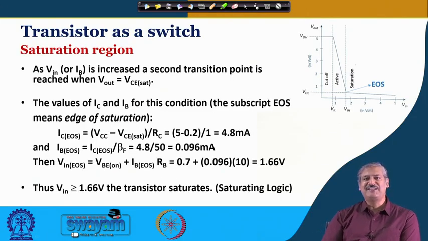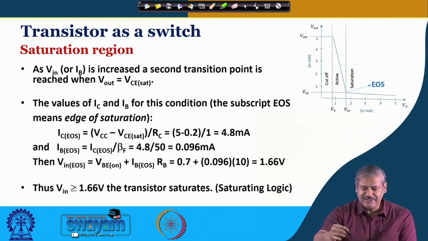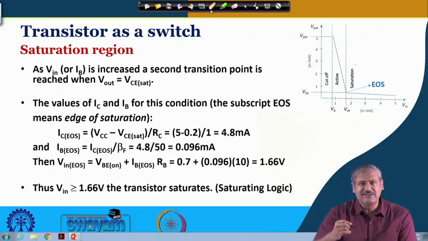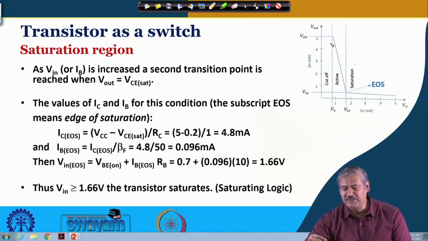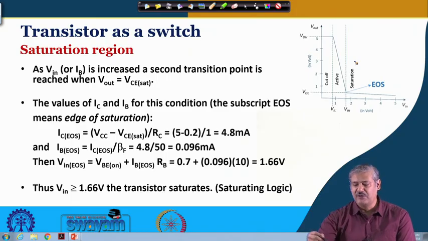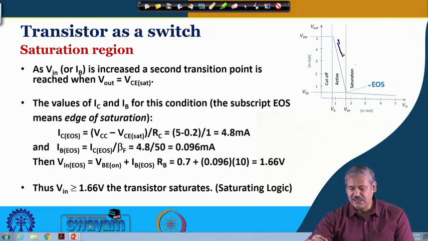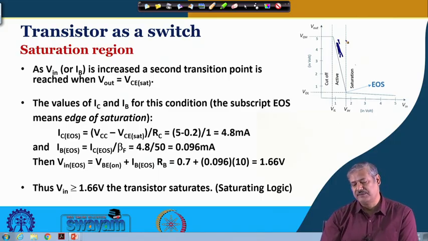Now, next is saturation region. In this saturation region again we would be interested to see when it enters saturation. As long as it is remaining in active region, it is falling linearly with a negative slope. That part we have already seen and noted in the previous slide.